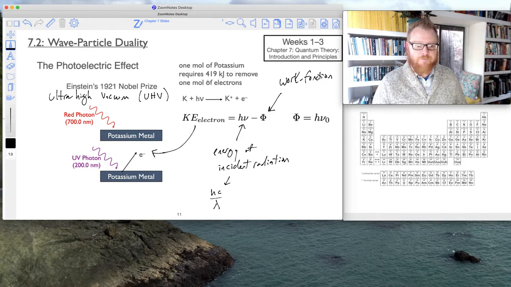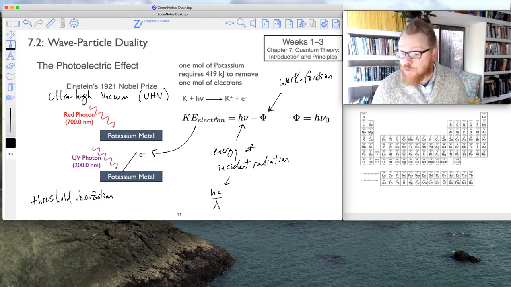Okay, so for what we call threshold ionization, that is when the kinetic energy is exactly 0.